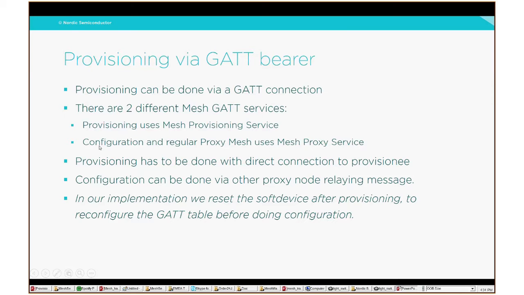The provisioning phase uses the mesh provisioning service, but the configuration phase uses the regular mesh proxy service. So there are two different services here that you need to notice. And the provisioning has to be done with a direct connection to the device being provisioned.